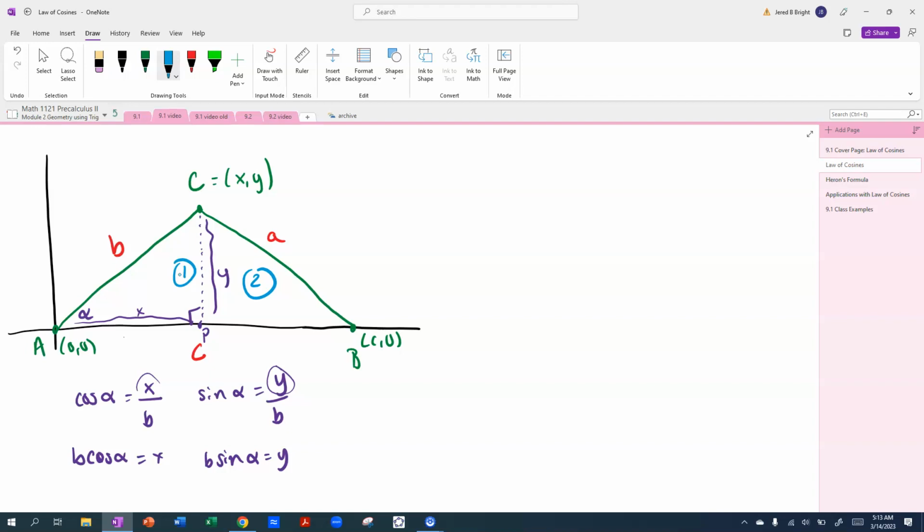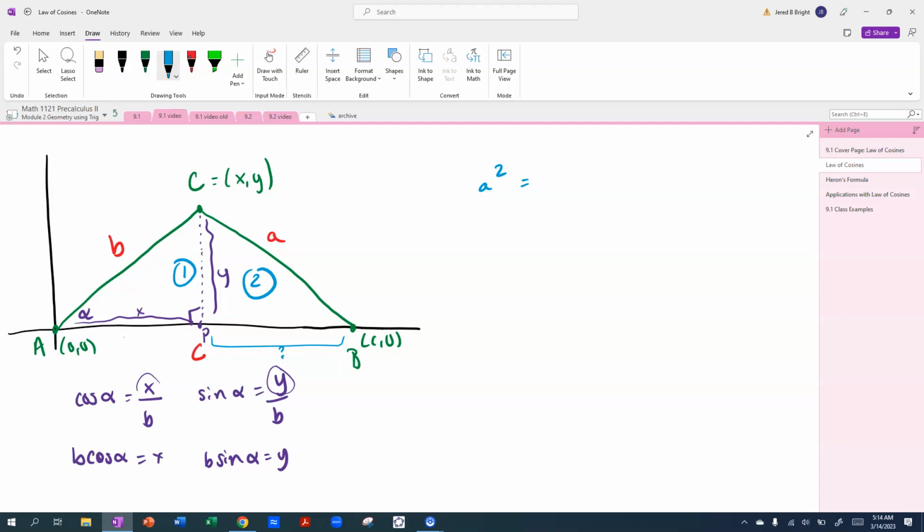Let's look at that. In this triangle, if I'm looking at the side lengths, we'd have normally, by the Pythagorean theorem, that a squared is equal to, I don't know how much this is, but actually, maybe I do.